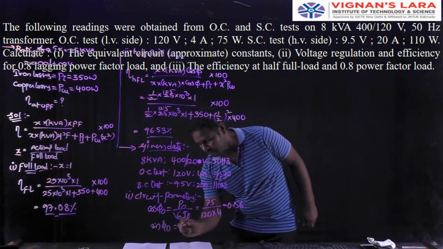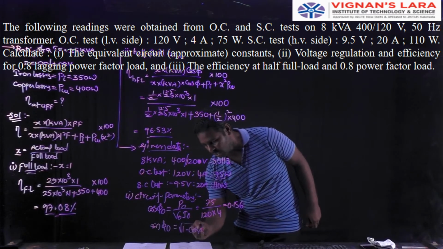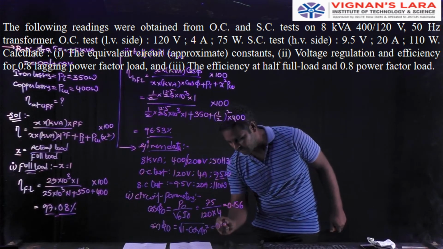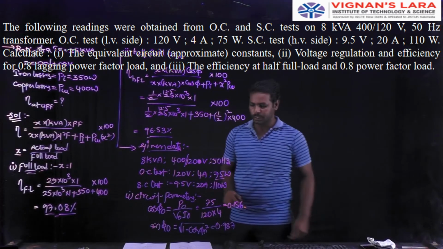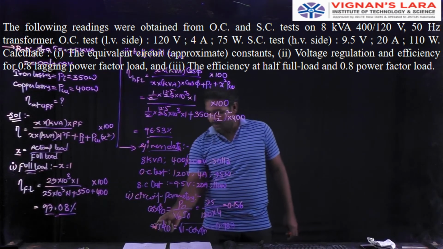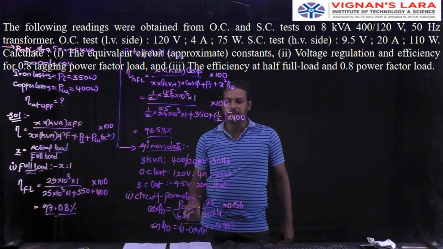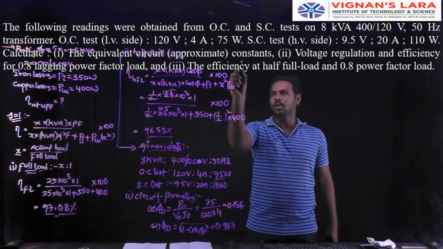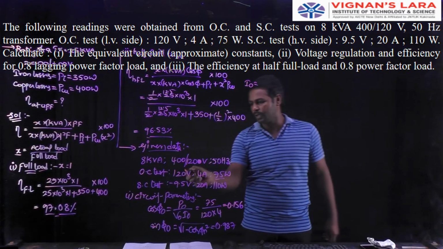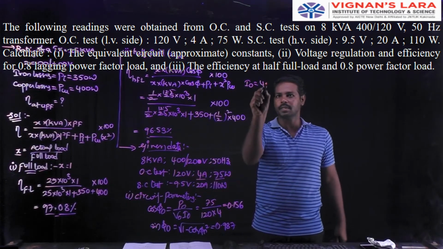So sin phi naught is the square root of 1 minus cos phi naught square, which is equal to 0.987. These are the two parameters. Then we can find I naught. The no load current I naught is equal to 4 amperes.